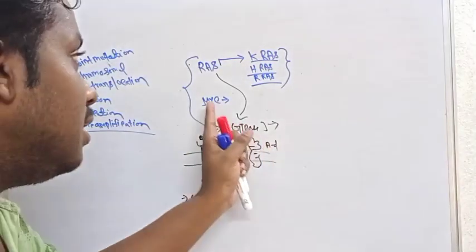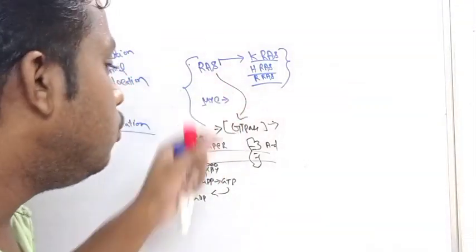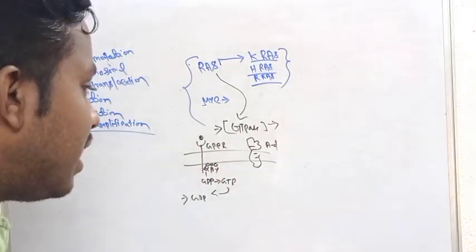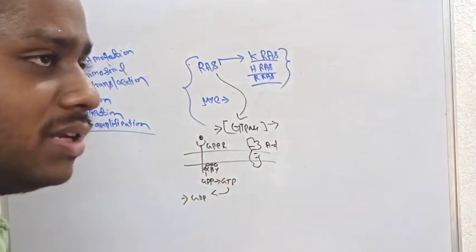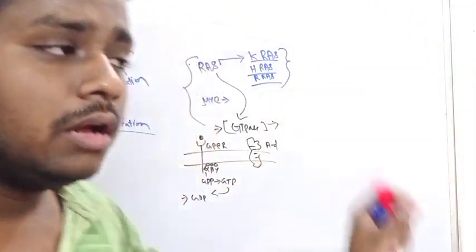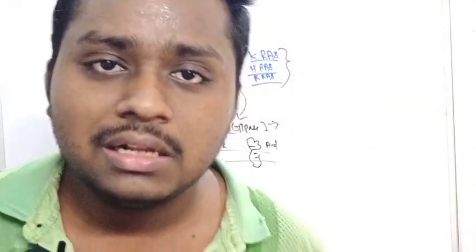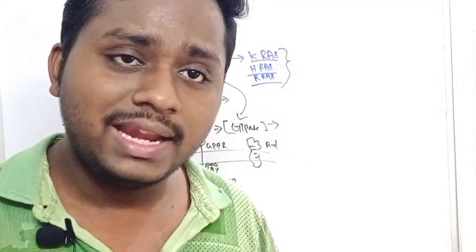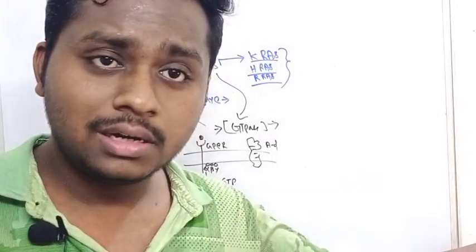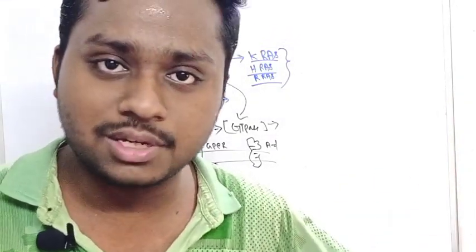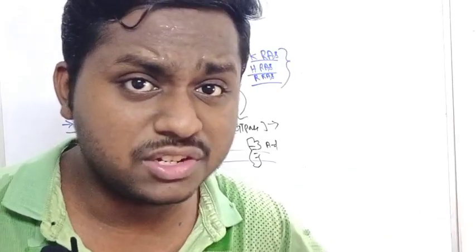But in case of RAS mutation, the GTPase is not coded by the RAS gene, or the GTPase is defective, so GTPase activity is not present. So G protein signaling will be activated but not inhibited. Different cell signaling pathways like the MAP kinase pathway will be activated, which leads to excessive cell proliferation and excessive cell division.